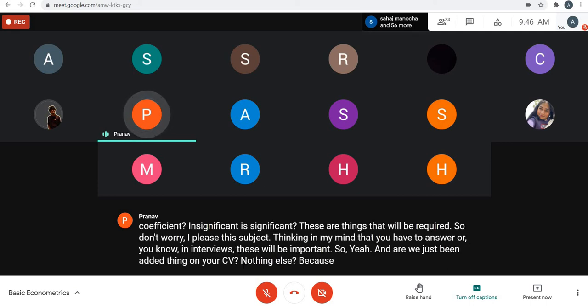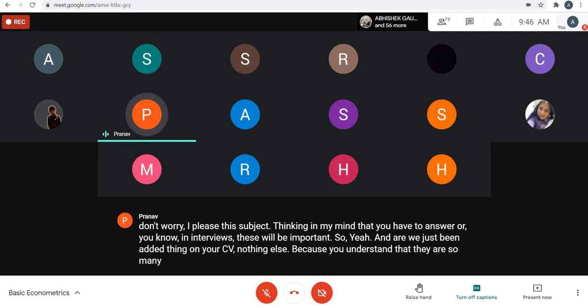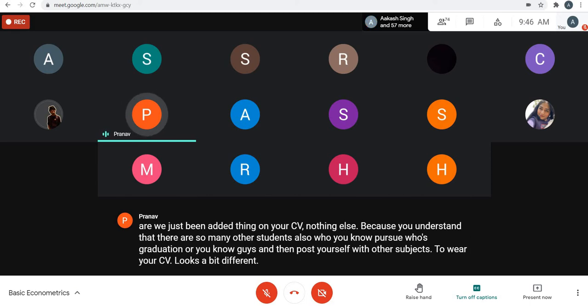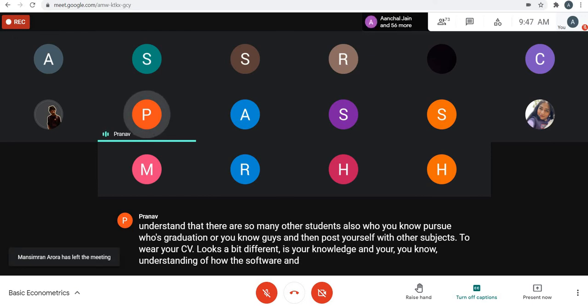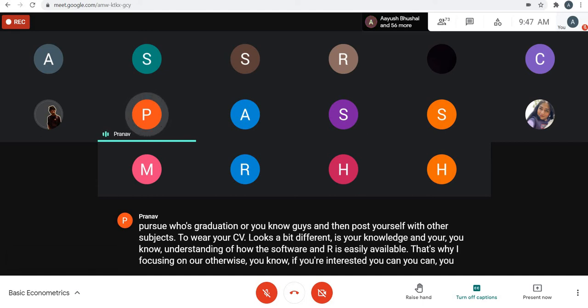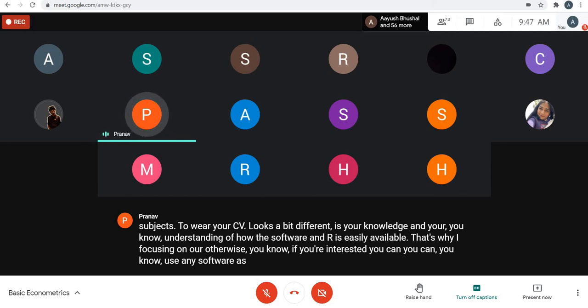Because there are so many other students who pursue graduation and post-graduation with other subjects. So where your CV looks a bit different is your knowledge and understanding of one of the software. And R is easily available. That's why I'm focusing on R. Otherwise, if you're interested, you can use any software, as long as you find it really comfortable.